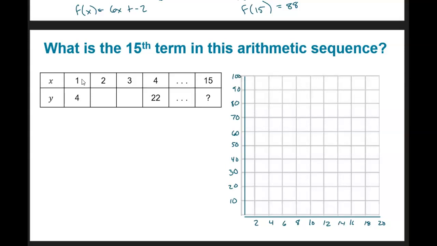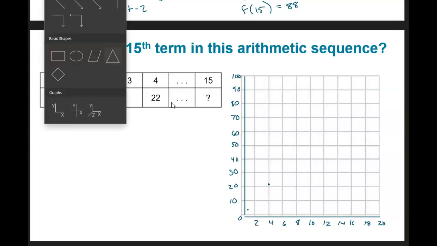And now I'm just going to graph these 2 points, 1, 4. So if I actually use this as my 0 over here, then 1, 4 will be right about here. And then we have the point 4, 22. So that'll be right about here. And then we can draw a line between those 2 points.